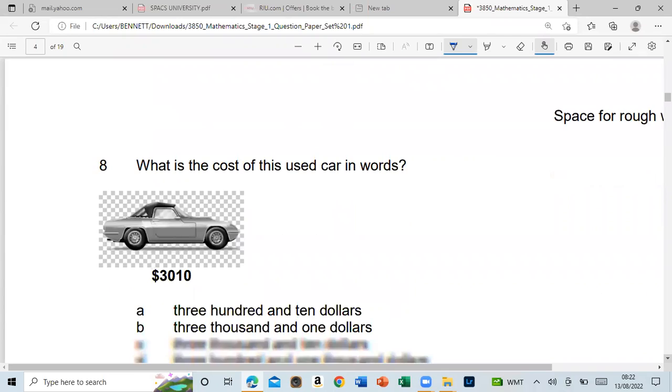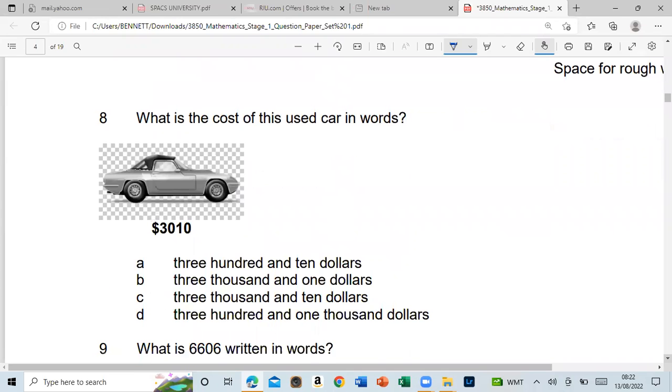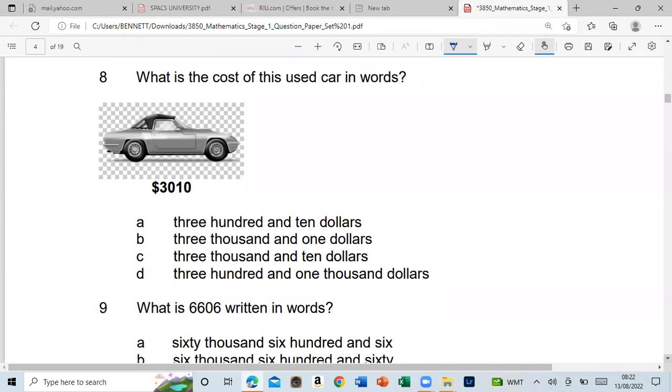All right, let's look at this one now. What is the cost of this used car in words? They give you the car and they give you a number. That is the cost. And they say, what is the cost in words?